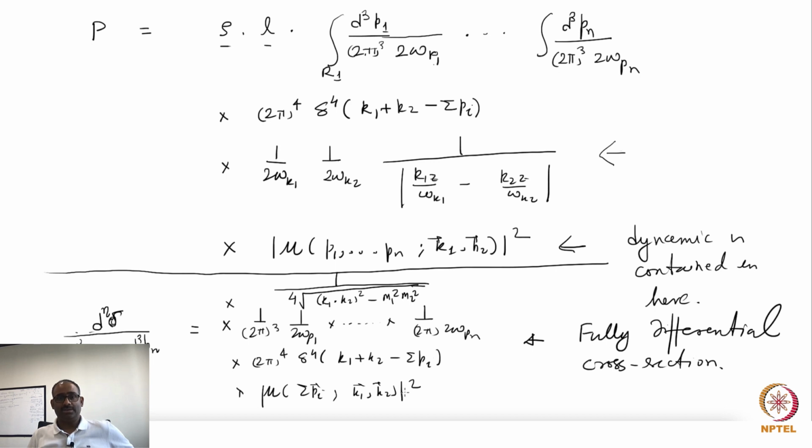We have already seen that S matrix elements are related by LSZ reduction to amputated Green's functions. So now you can write down Green's functions using Feynman diagrams and calculate M. Once you have M for a particular process, you multiply with these factors and integrate over some momenta if you wish, and after multiplication with rho and L, that gives you the probability of producing that particular final state. So you have a calculation from the theory side now, which you can match with the experiments.